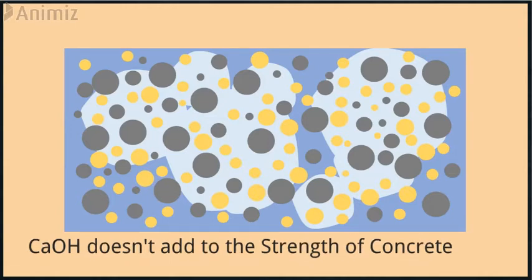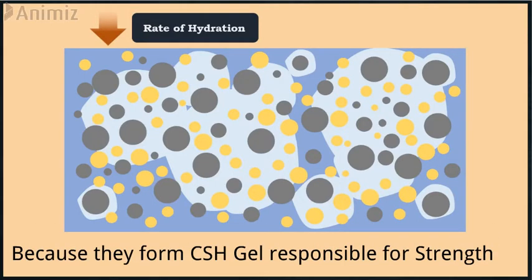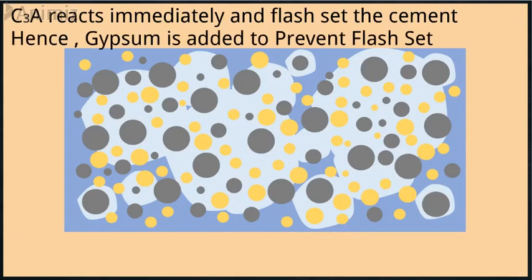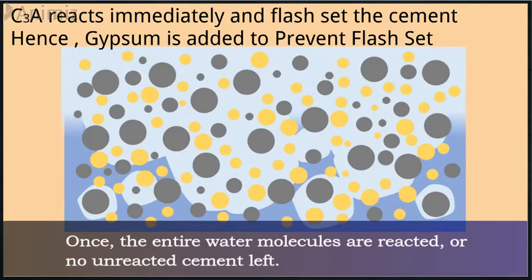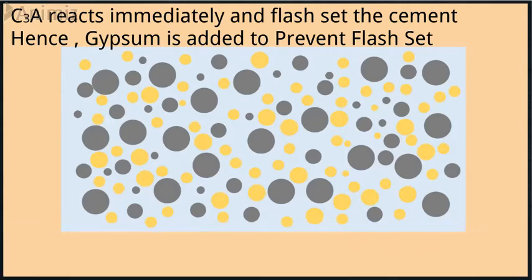So till here we have clearly understood that in cement, tricalcium silicate and dicalcium silicate are responsible for the strength, because when they react with water they form the CSH gel, which is responsible for the bonding effect. Now the two remaining Bogue compounds, tricalcium aluminate and tetracalcium aluminoferrite, do not add sufficiently to the strength of the concrete.